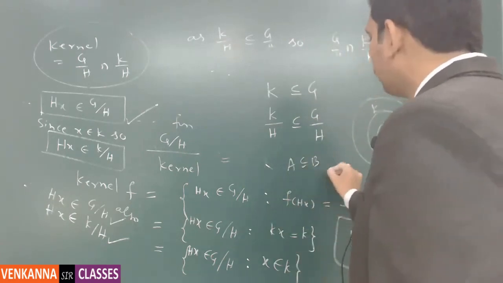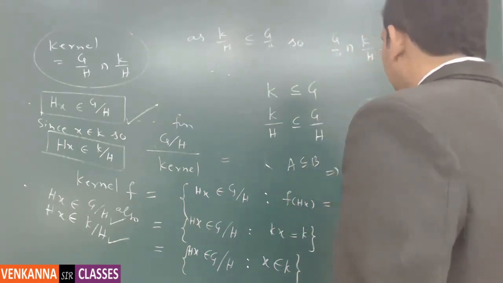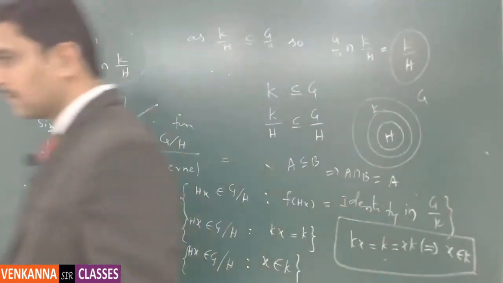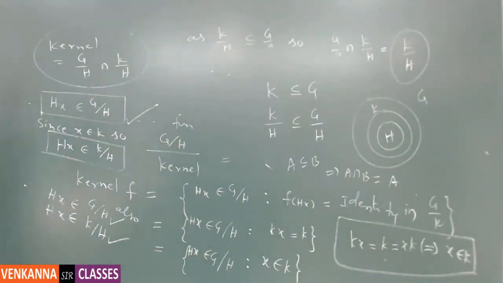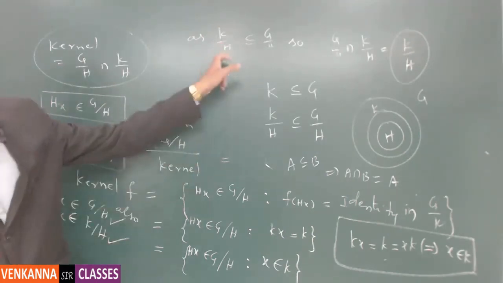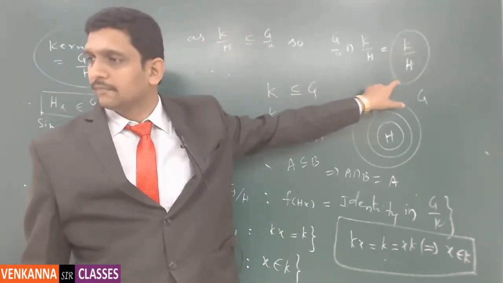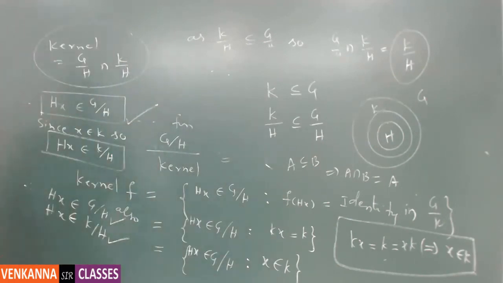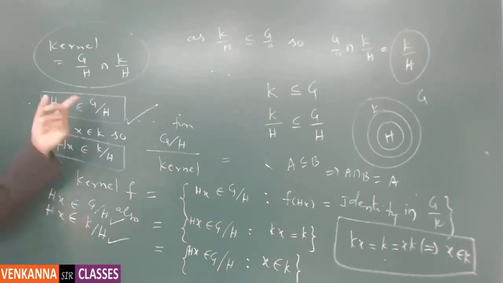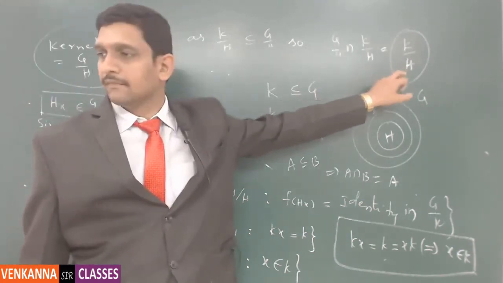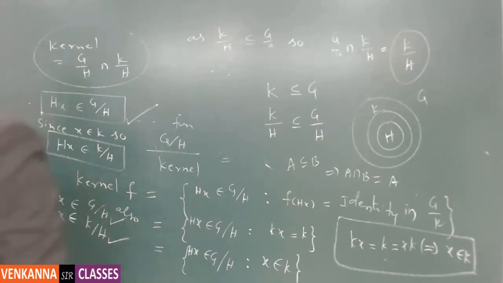If A is a subset of B, then A intersection B is nothing but A. Since this is a subset of this, if you consider the intersection, this part will come. Did you get the logic now? How it came? That's it. So the kernel is nothing but K/H here. The kernel value is K/H.